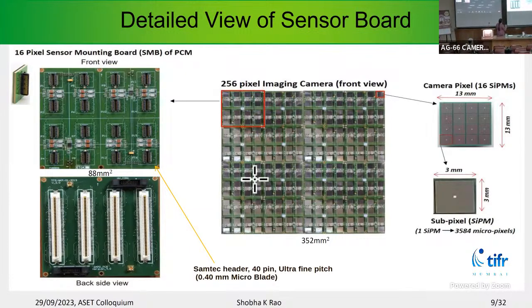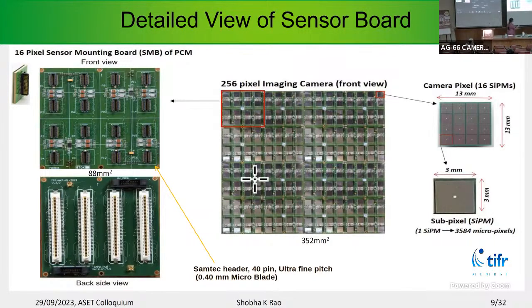This is the sensor board, where these 16 sensors will be plugged in, and each connector is an ultra fine pitch microblade connector. And here on this sensor board are the connectors for plugging in the preamplifiers. And what we call a sensor is in turn an array of 16 SiPMs in a 4x4 array.